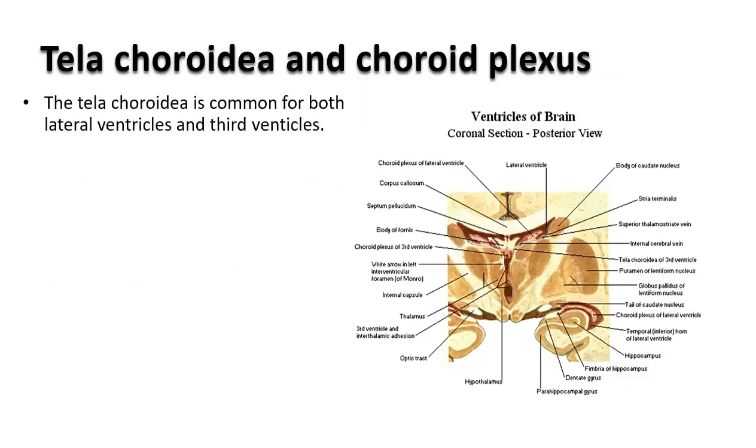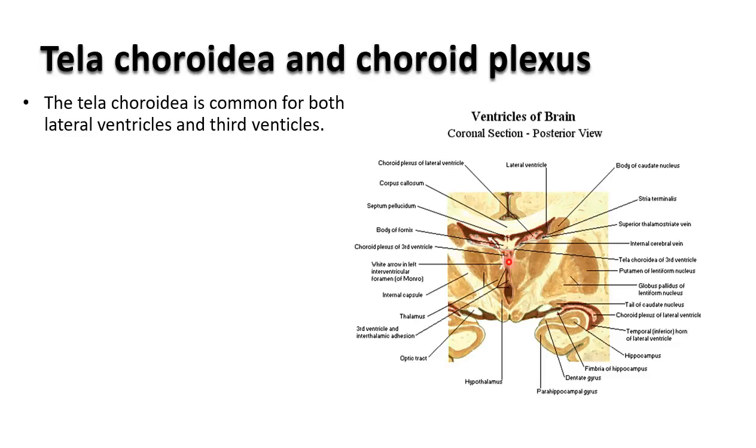Now if you look carefully at the choroid plexus, it is common to both the third ventricle and the lateral ventricle. It is T-shaped, with two lateral limbs projecting into the lateral ventricles, and a vertical limb, paramedian in position on two sides, present in the third ventricle.